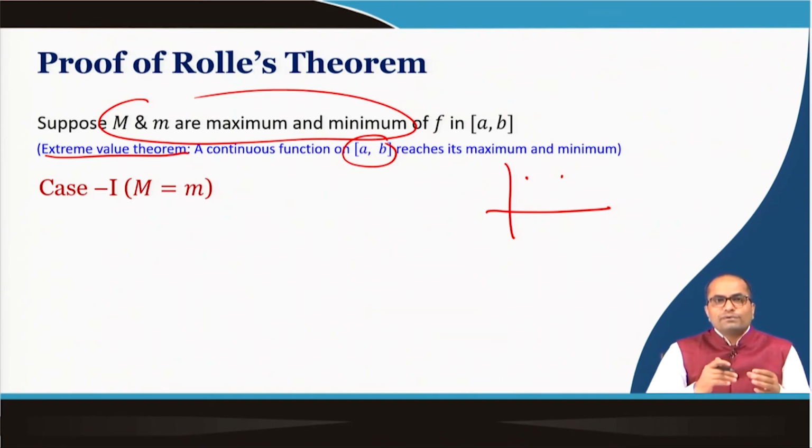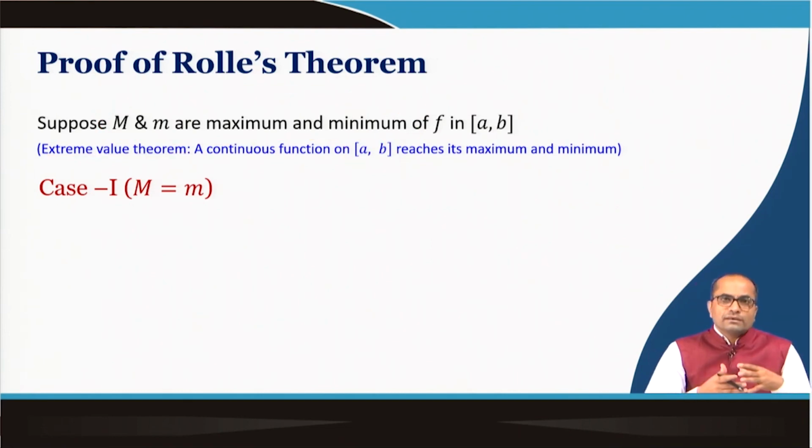This can happen when the function is a constant function. If your function is a constant function, in that case you will observe that the big M is equal to small m, where big M is the maximum of the function and small m is the minimum of the function.